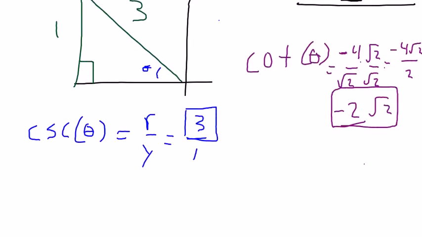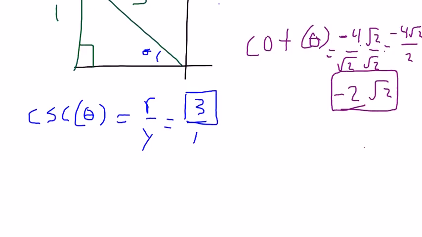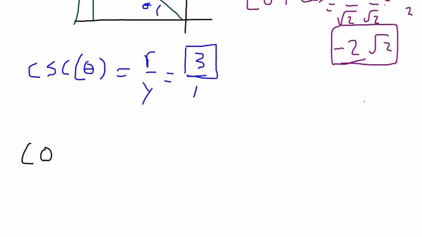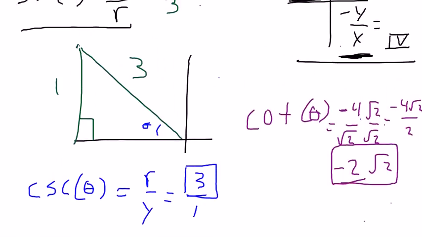Well, how about cosine? Cosine of the angle is going to be x over r. Using this triangle, I don't have x yet, but I can find x by taking 3 squared minus 1 squared, which should give me x squared. This side squared minus this side squared should be this side squared.